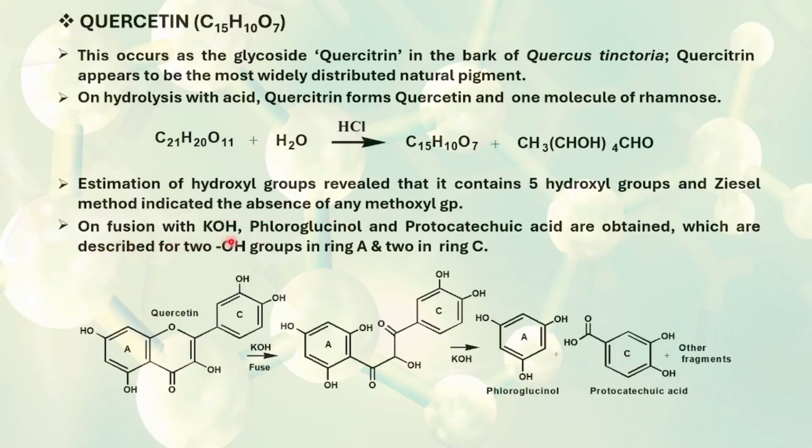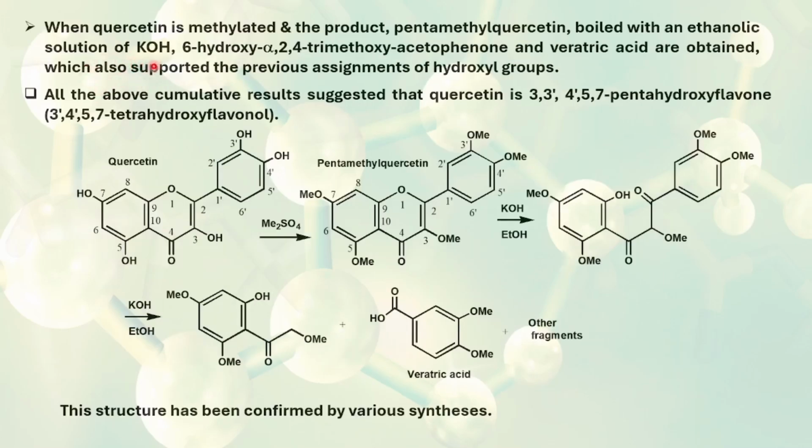On fusion with potassium hydroxide, phloroglucinol and protocatechuic acid are obtained, which account for 2 hydroxyl groups in ring A and 2 in ring C. When quercetin is methylated with dimethyl sulfate, pentamethyl quercetin is obtained.